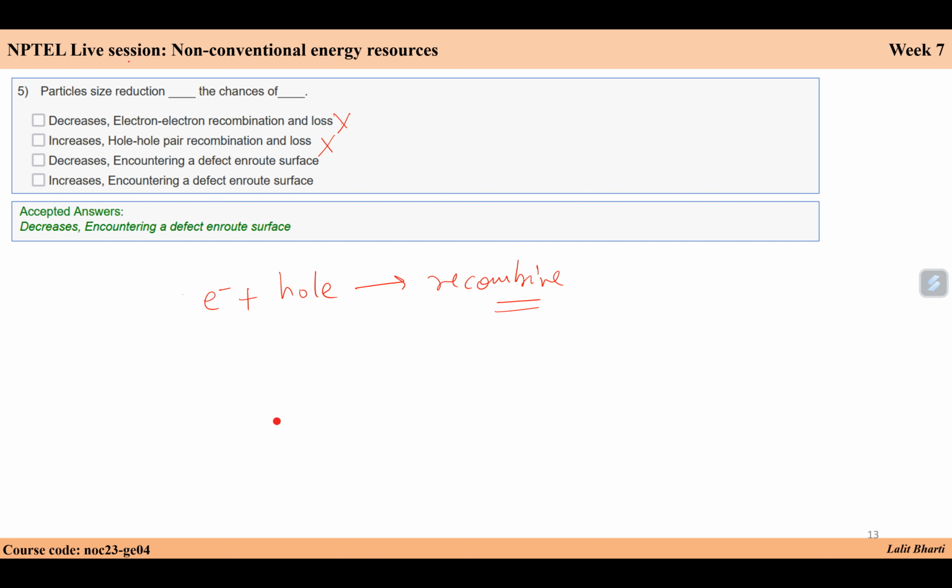Then the third and fourth statements are about encountering a defect en route to the surface.